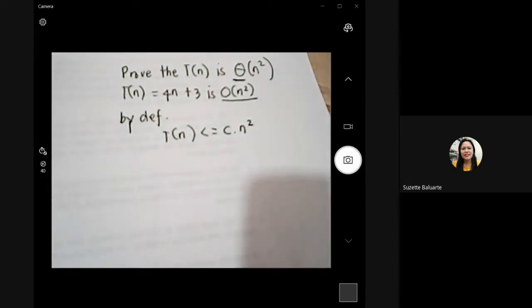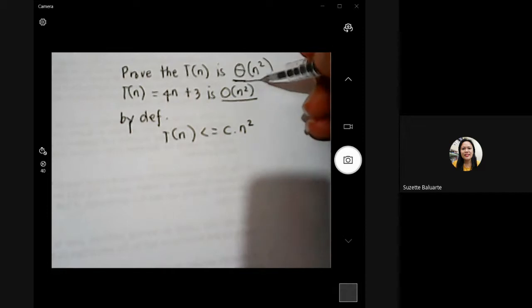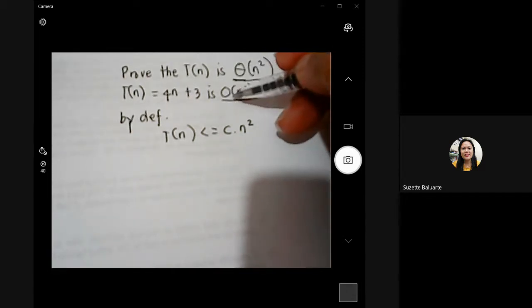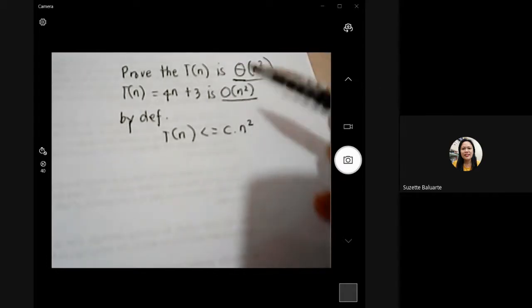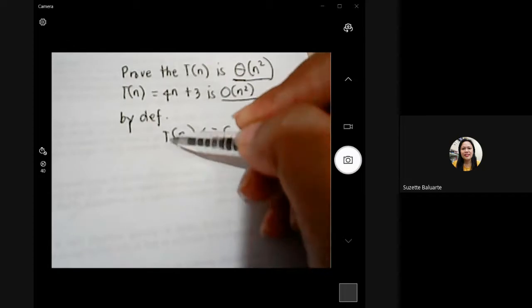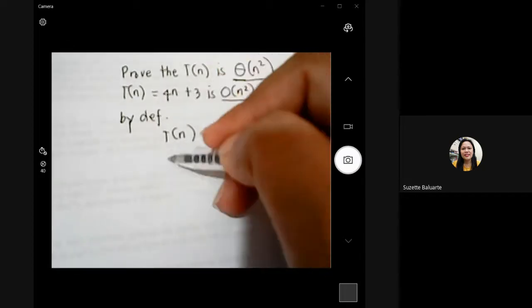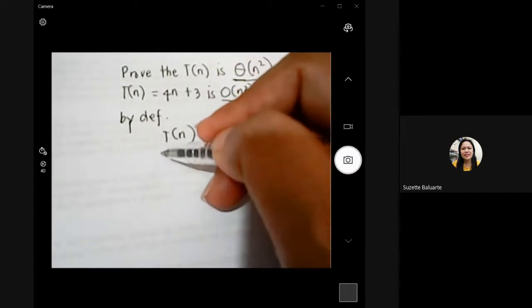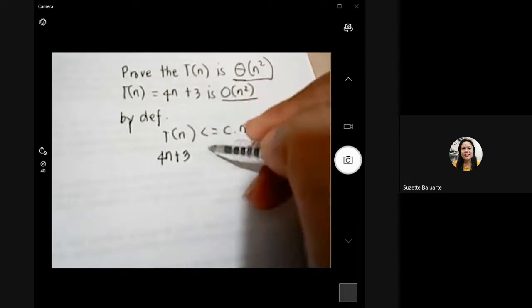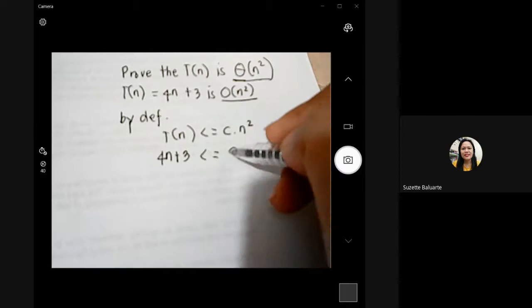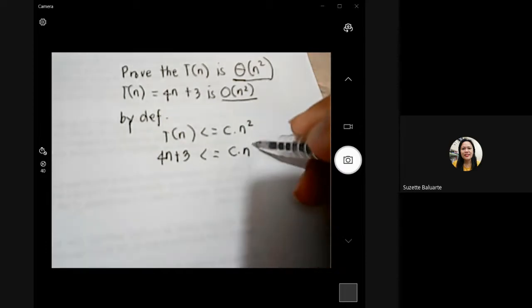We will try to look for big theta of n squared. So first, we will prove the big O of n squared. What is our T of n? 4n plus 3 less than or equal to C of n squared.